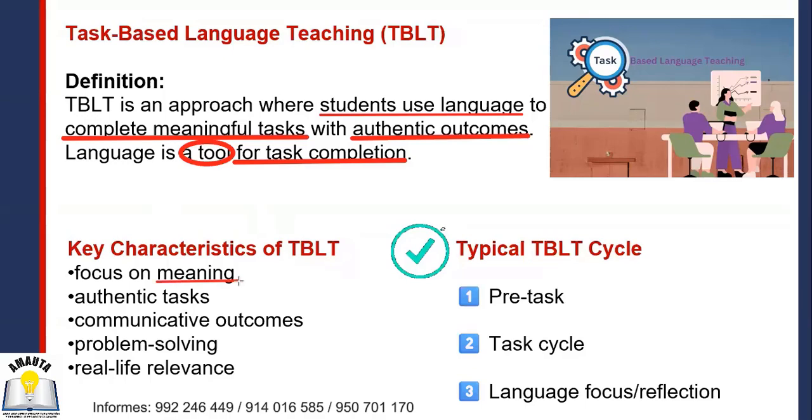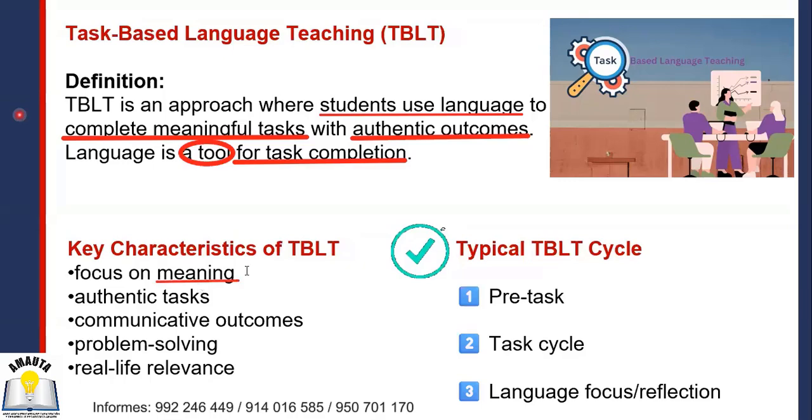Focus on how students use language effectively, and they are using language in order to communicate ideas, right? And not to pay attention to accuracy, for example. Remember that. Meaning over form, right?